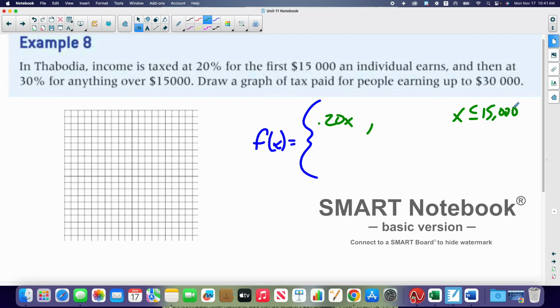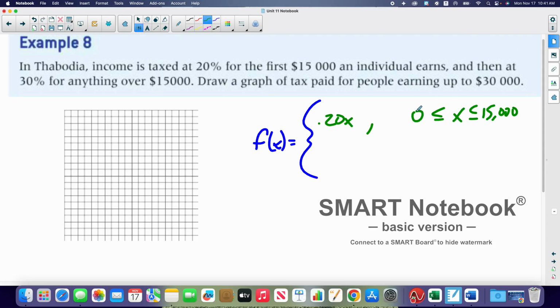Anything else here? I'm not on the second part yet. What else about this? I'm going to put a greater than or equal to 0 part on this as well, right? Can I make negative money? No, it doesn't make any sense, right?